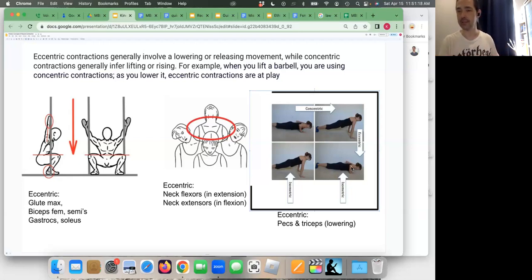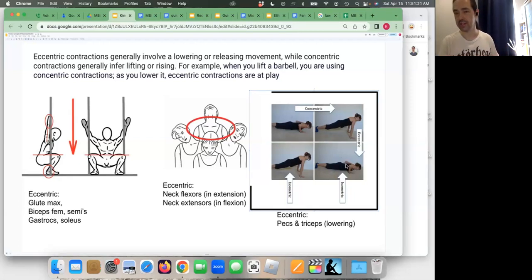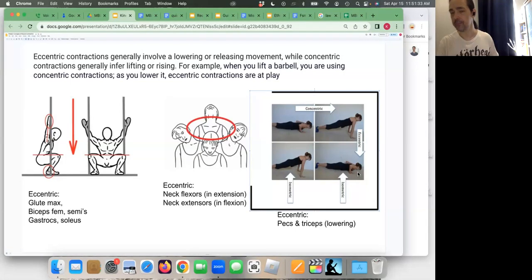And the triceps, because the triceps extend the elbow, and the elbow is being flexed, so the triceps are being lengthened. The triceps are being lengthened, so that's an eccentric contraction. The pectoralis major pushes the arms away and brings the shoulder into flexion, but we're going this way. We're bringing the hands towards us and the shoulders are moving into extension. So the pectoralis major muscles are lengthening.